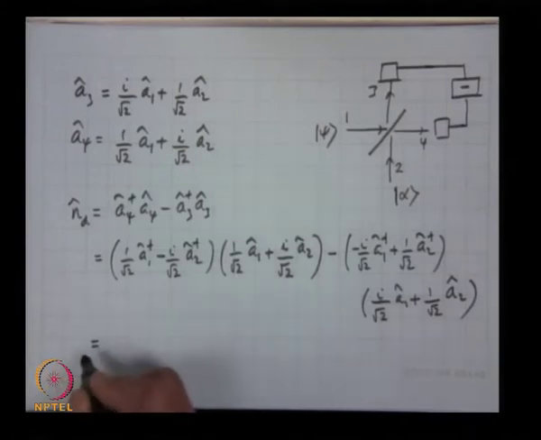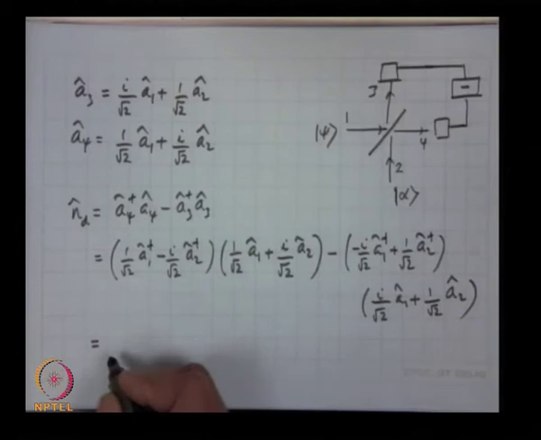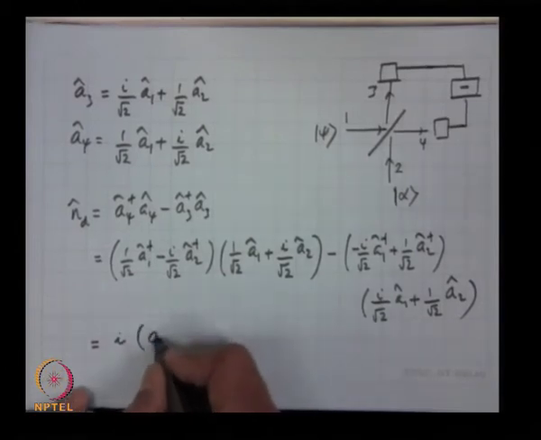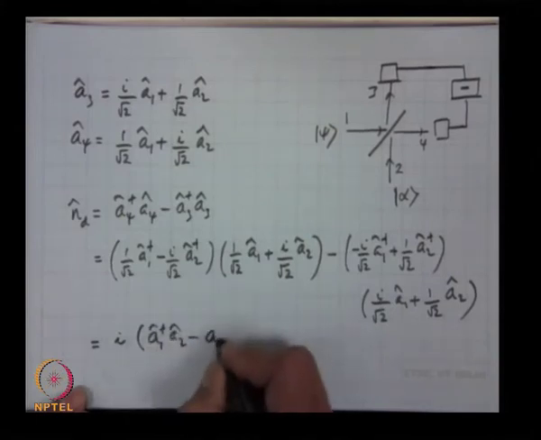So if you open these brackets up, what you can show is this comes out to be i times A1 dagger A2 minus A2 dagger A1.